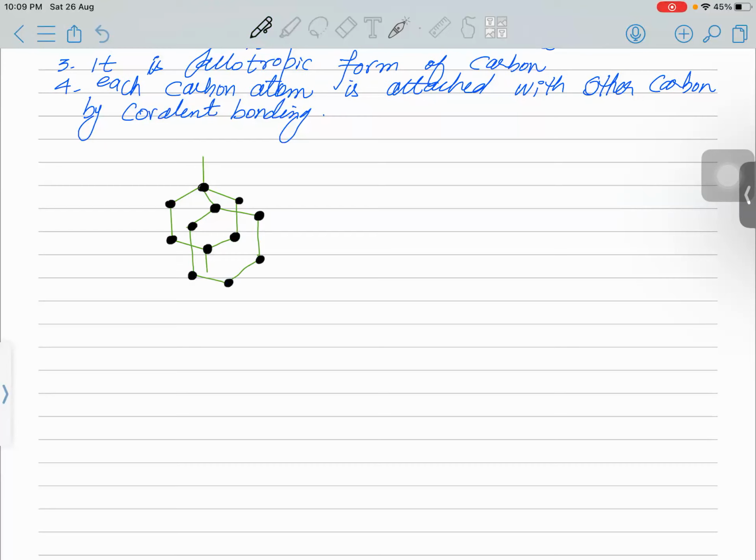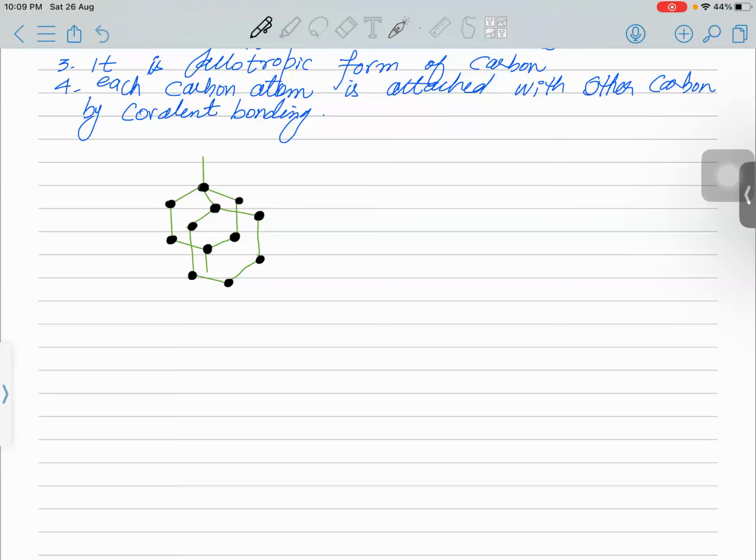Each atom is bonded. Are you getting my point or not? So diamond also has a hexagonal structure.